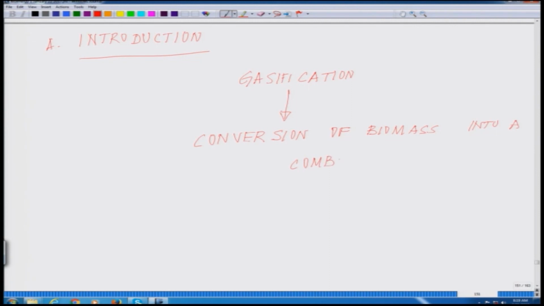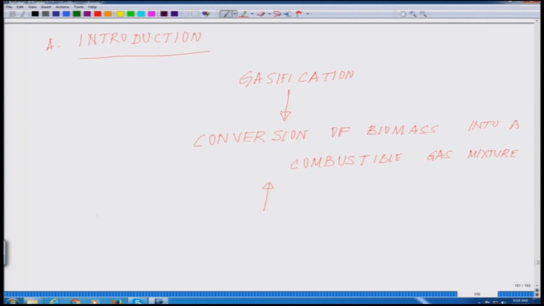We will talk about what that gas mixture consists of. Okay. This is the basic process.